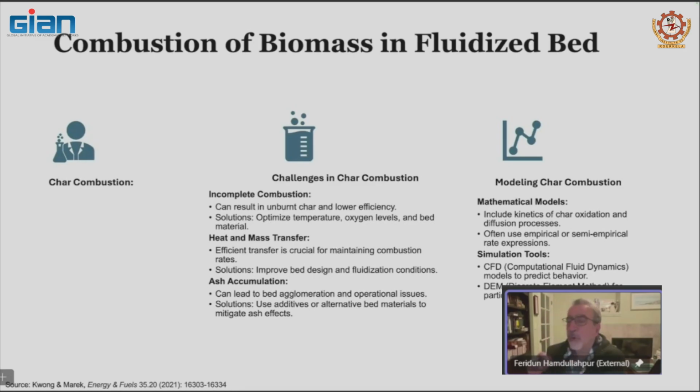So in one scenario, it's just a combustor. You are feeding an already dried fuel into it, and you're extracting some of the energy and giving it to an external dryer, removing the moisture up to a certain level and feeding the fuel into the fluidized bed. In the second option, the drying is within the bed.